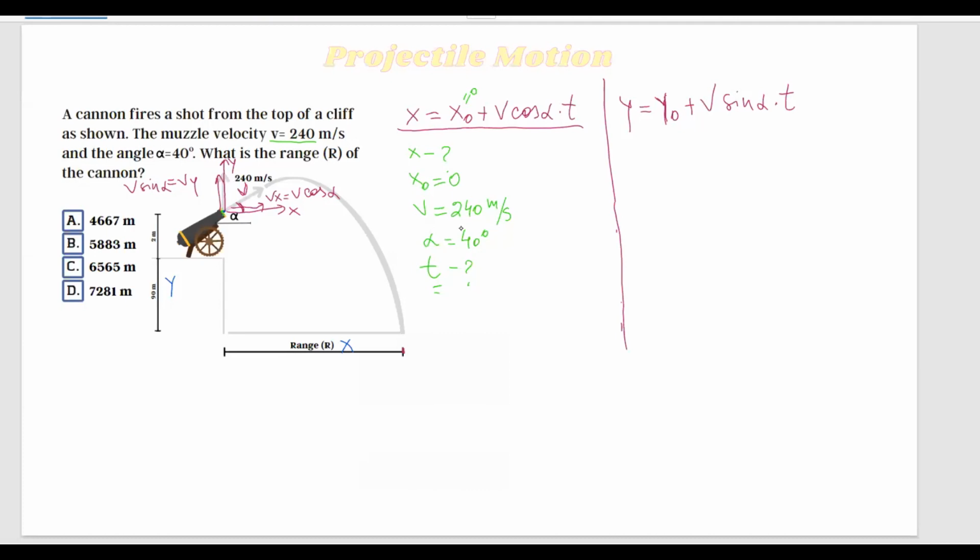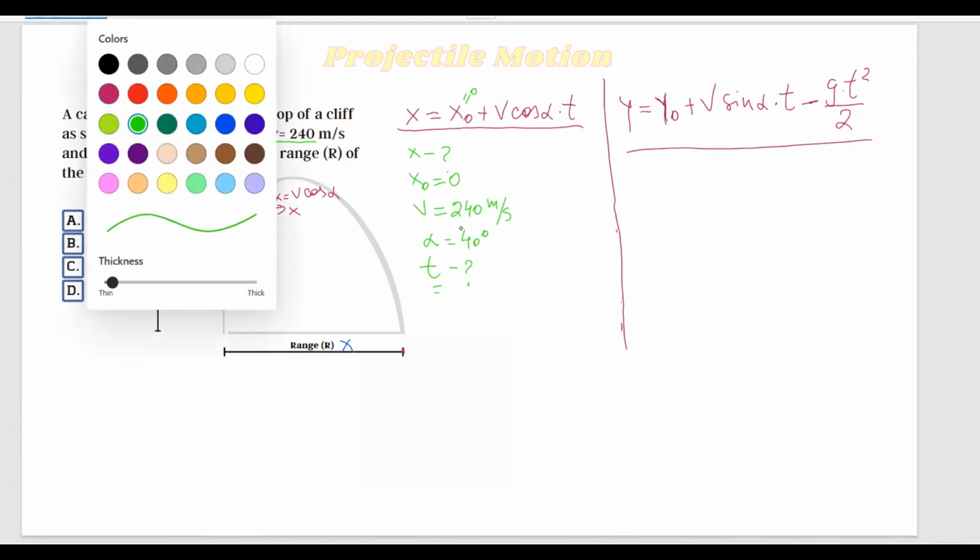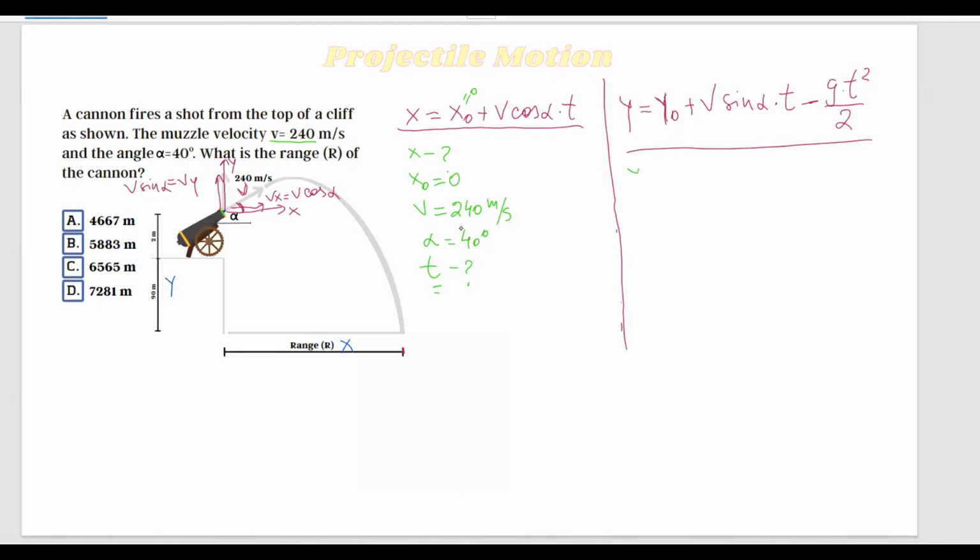Let me write this down. Minus gt squared over 2. So let's see, what do we know? y is equal to, and now let's see how much is y. We have this value from the starting point all the way to the instant it hits the ground.